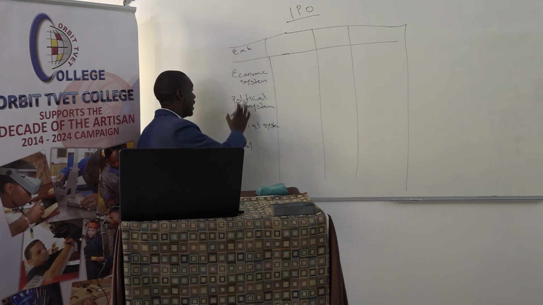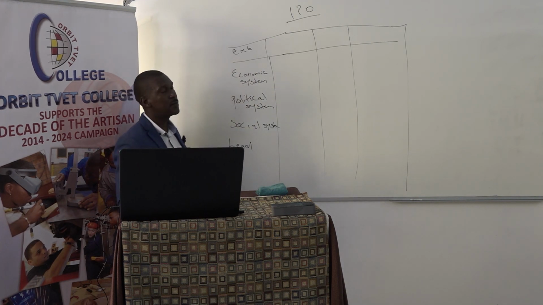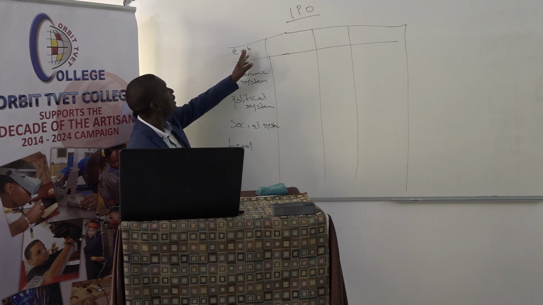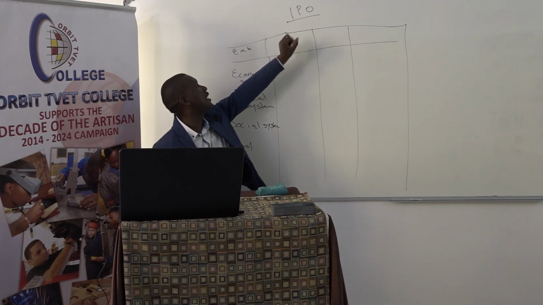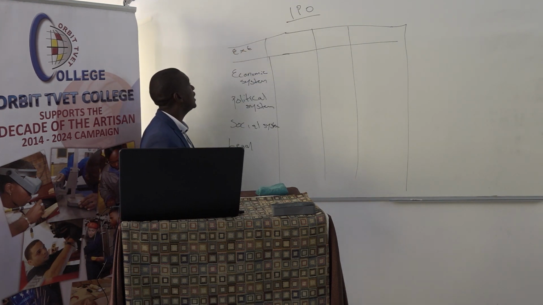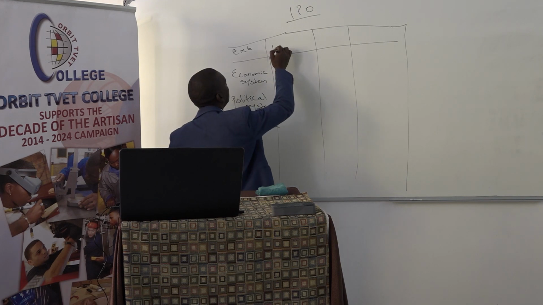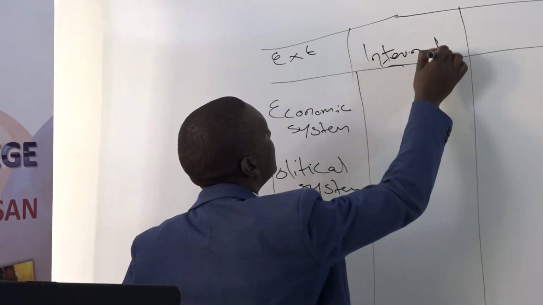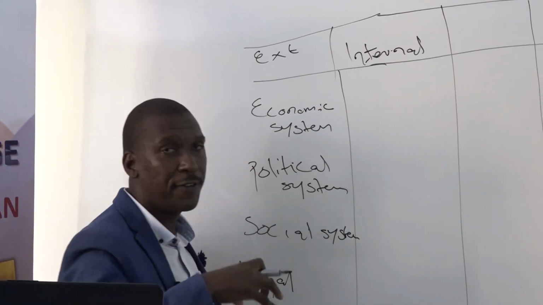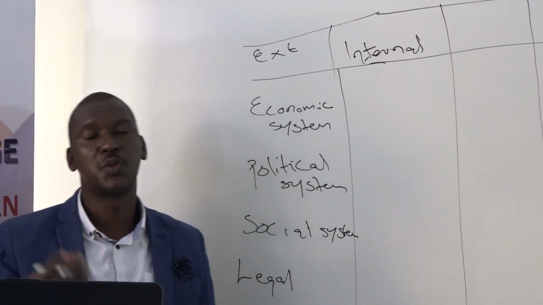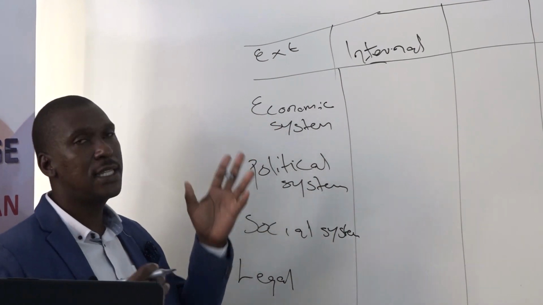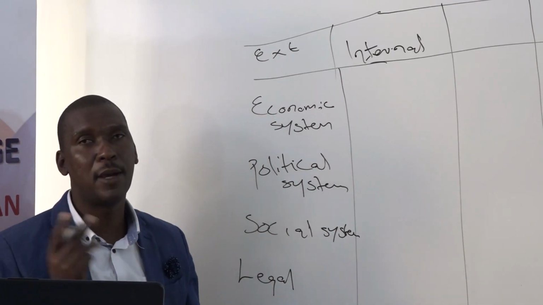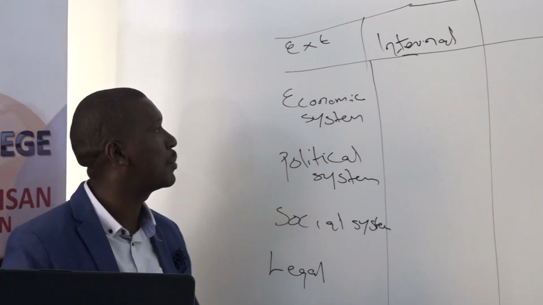These are the 4 systems that appear under the external input of the labor relations. Then we go to the internal input. Internal input, these are the things that influence the labor relations within the system. We are studying the relationship between 2 people, employer and employee, within a workplace.